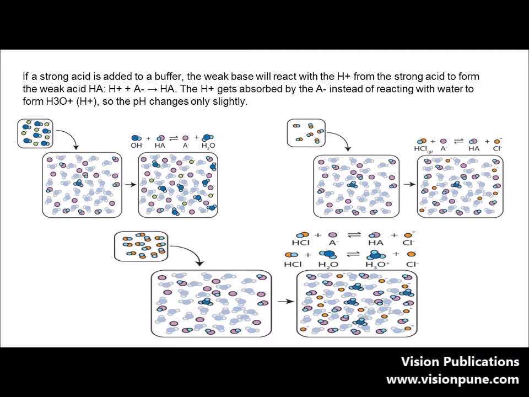What is the mechanism of buffering? That is very important. Here you can see in these diagrams, hydroxyl ions react with the acid and give you A ions and water. The A ions are shown by purple color, and water is shown by the blue color.